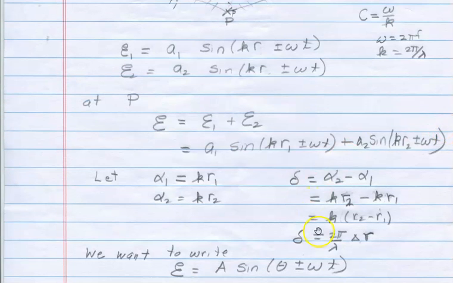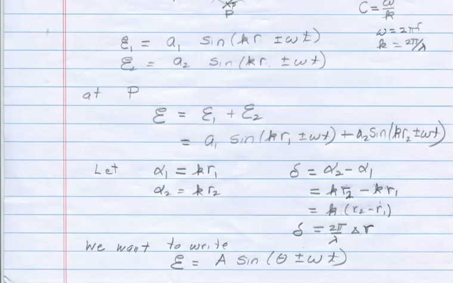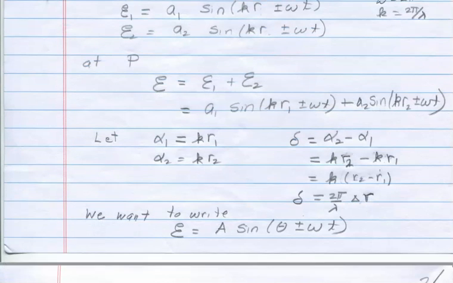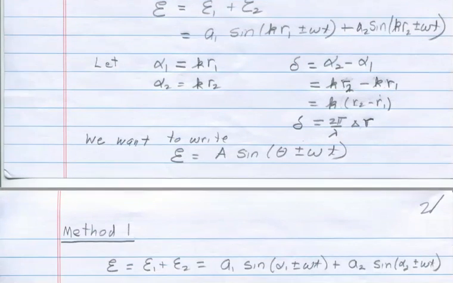Now I'd like to write E, the total field, as the fundamental problem here, in the form of some amplitude to be determined times the sine of some phase to be determined, and then plus or minus omega t if it's traveling at some point.